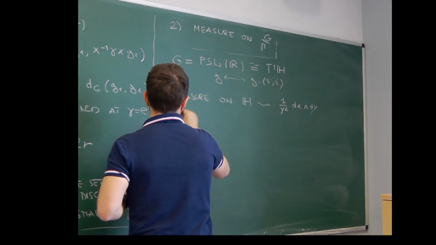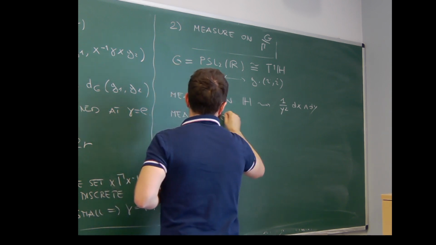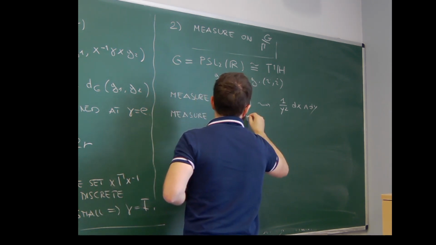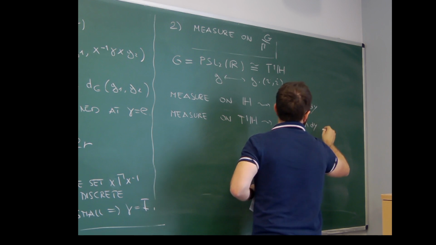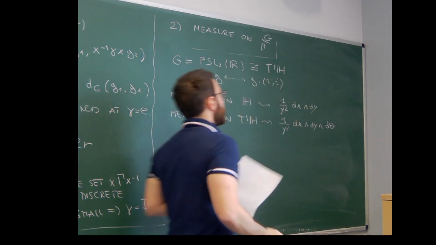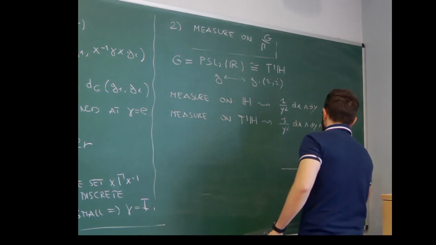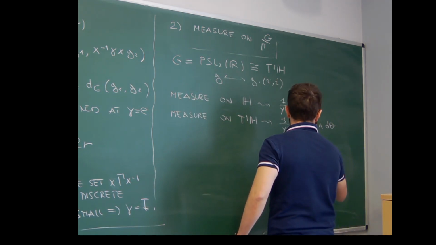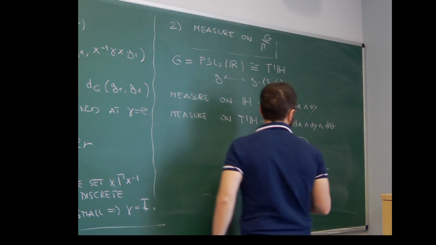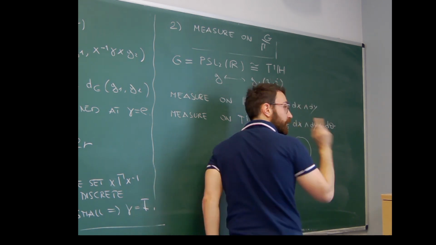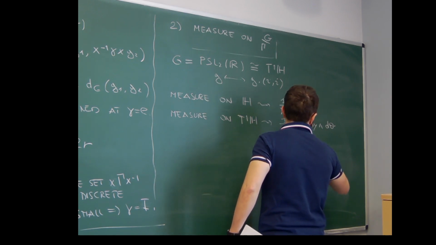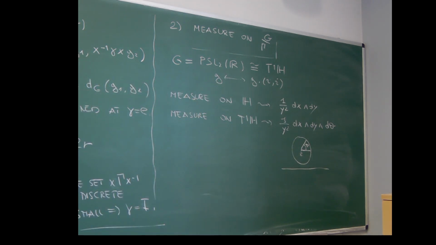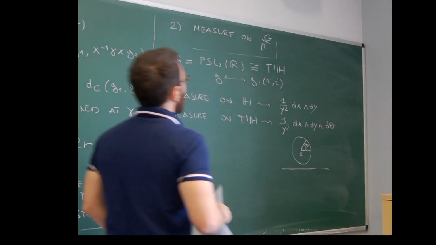I also have a measure on T1H, given by the volume form 1 over y squared dx wedge dy wedge d theta. What is theta? Remember, the unit tangent bundle: you have points, and around points you have circles of hyperbolic radius 1. So theta is just your parametrization of the angle coordinate here. This is just a way of defining a measure on T1H.